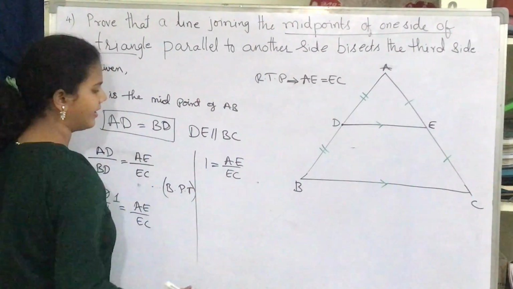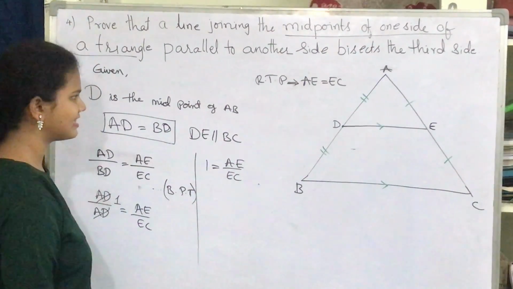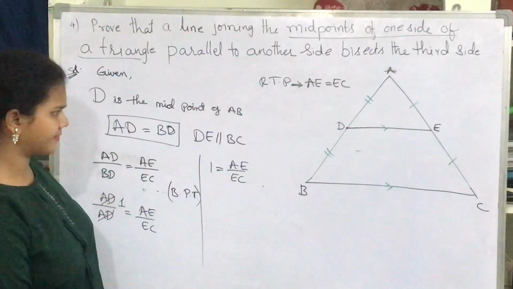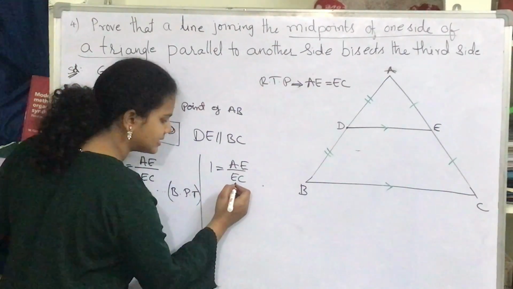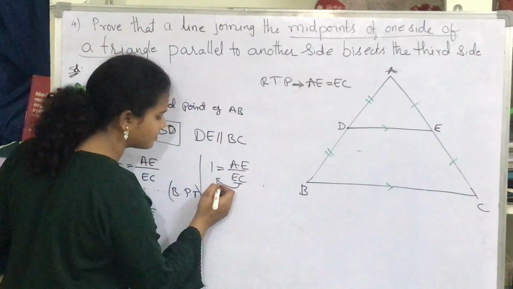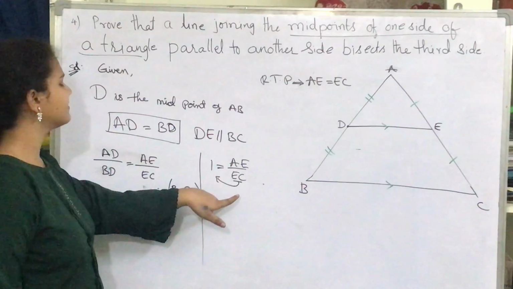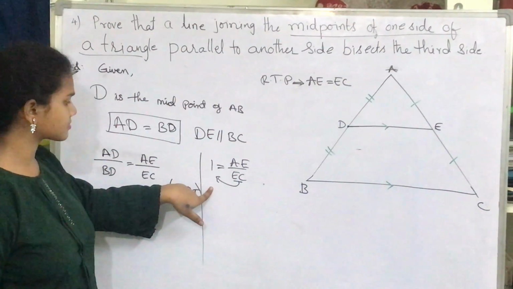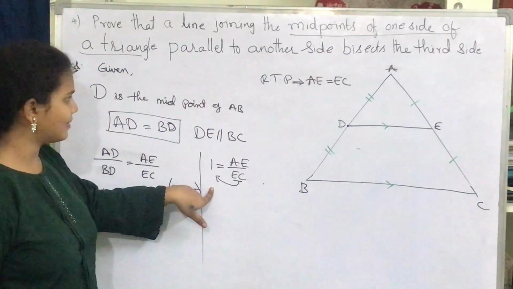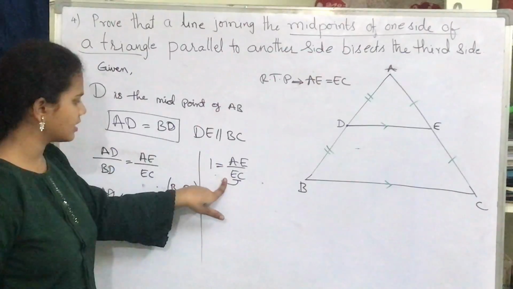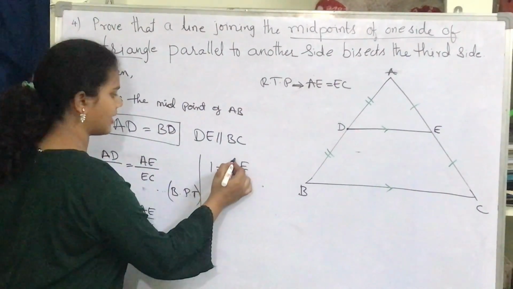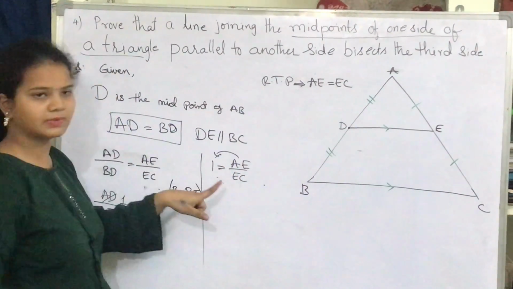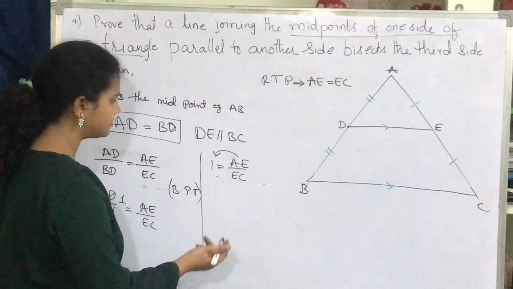Now I need AE equals EC. So now just transpose EC to the other side. Here EC is getting divided, so if I transpose this, it becomes multiplied. Okay, just transpose AE to the other side.